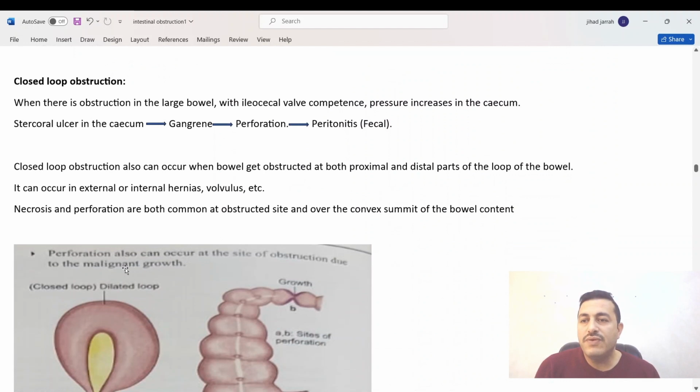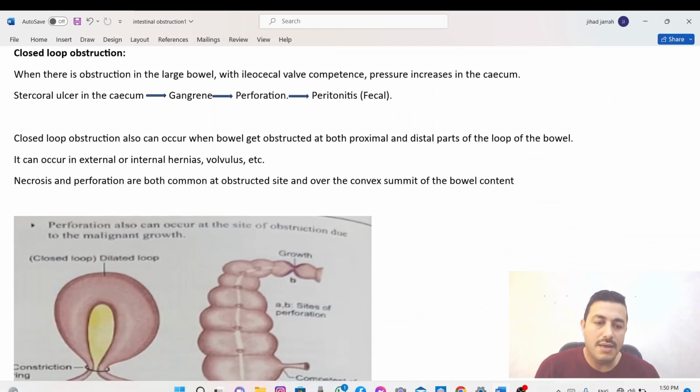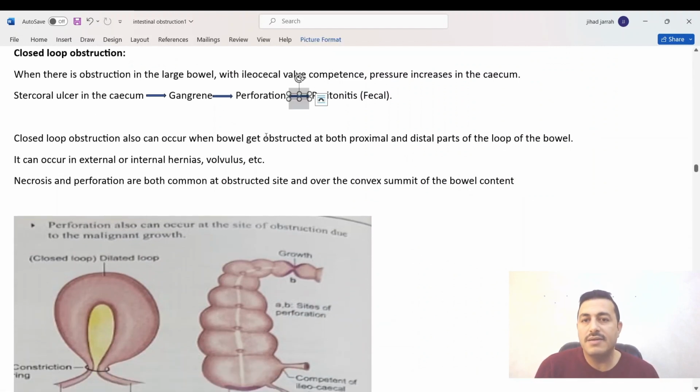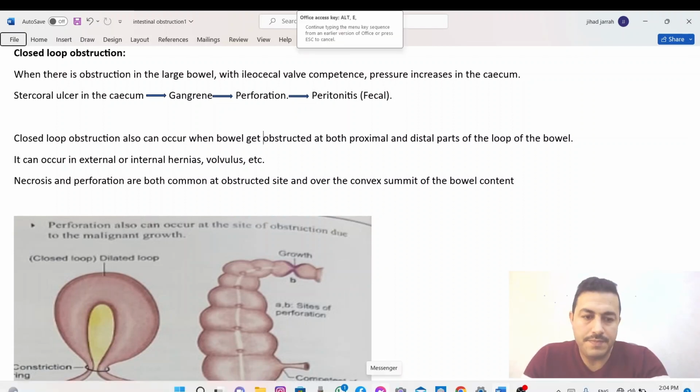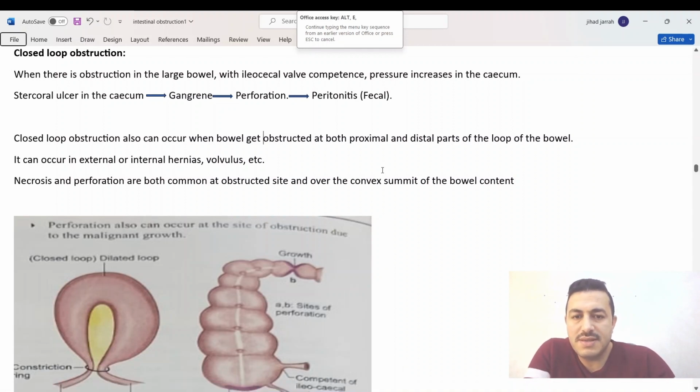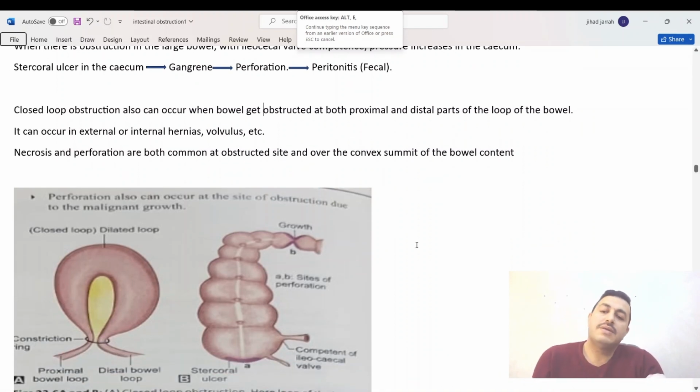Okay, let's move to an important topic in intestinal obstruction, usually discussed in the lecture of intestinal obstruction, and this is closed loop obstruction. What does closed loop obstruction mean? To imagine what this means, let's skip a little bit to this picture.